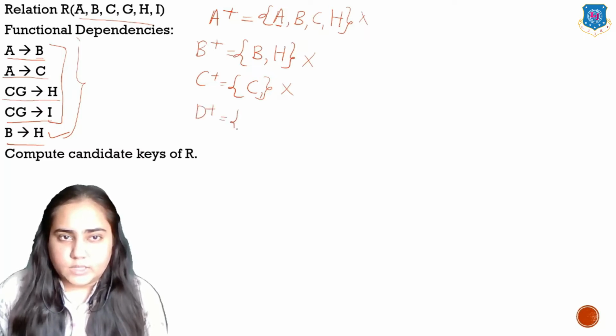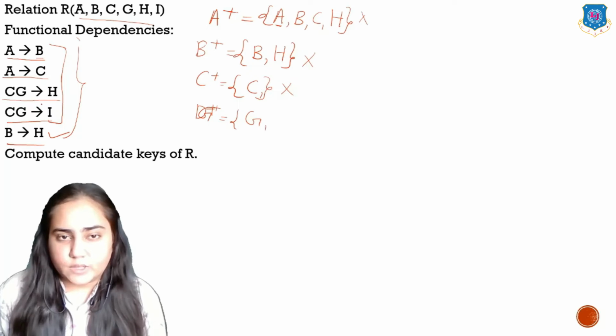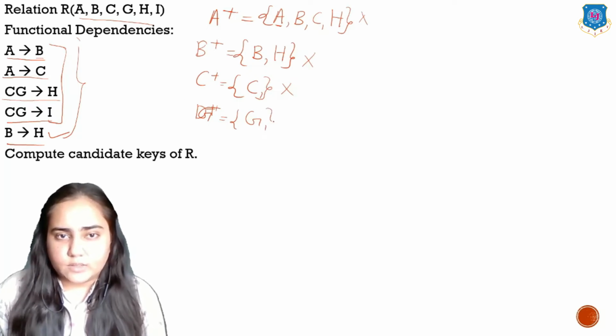Now there is no D, there is G. So let's calculate G plus, which means I can add G itself. But then once again, there is no functional dependency that contains only G on the left side. So I cannot add anything else, and that is it. So this is not a candidate key either.